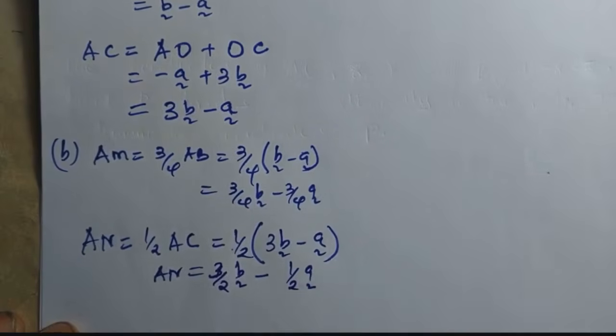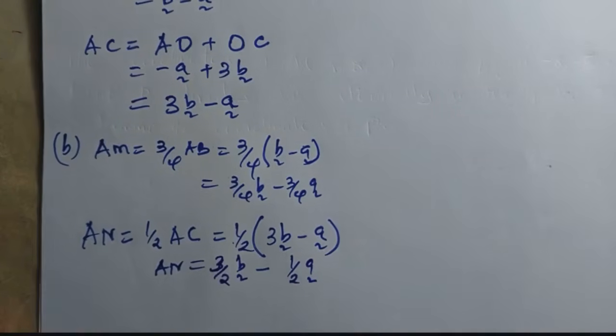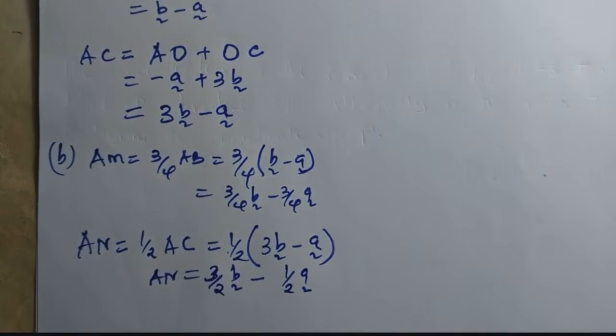That is our AN. You multiply the half times everything inside. Very nice. So once we have expressed it that way, we need now to express OM and ON.